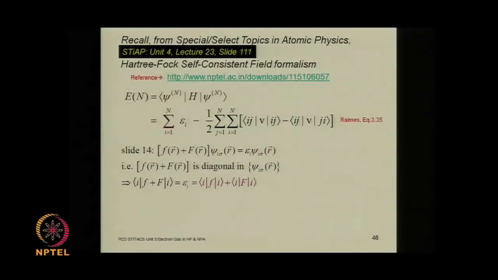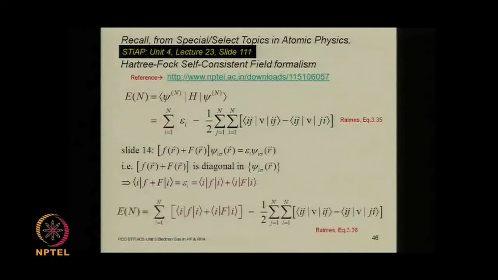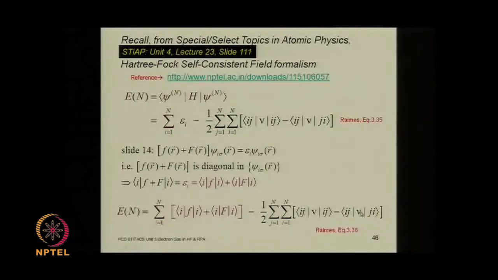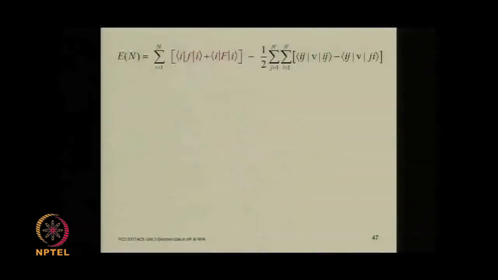So, since F plus F is diagonal in this basis, the energy functional E n becomes the summation over epsilon I, but epsilon I is the sum of these two terms. So, I have got the sum of these two terms, and then you have got the two center terms, which is the Coulomb and the exchange, and then you must sum over I and j both. Normally you would have excluded j equal to I, but now you do not have to, because for I equal to j the Coulomb and the exchange terms cancel each other. So, this is the expression for the energy functional.